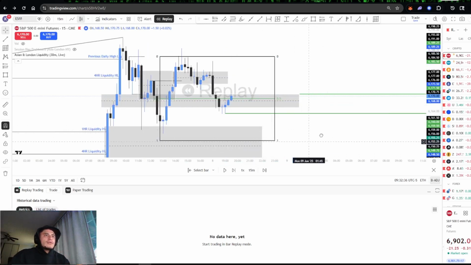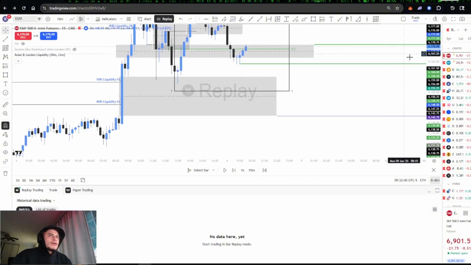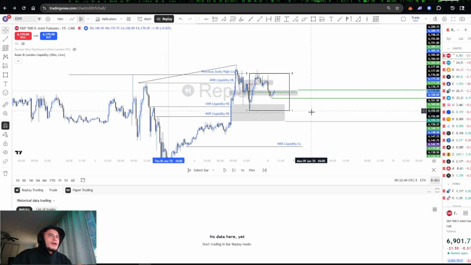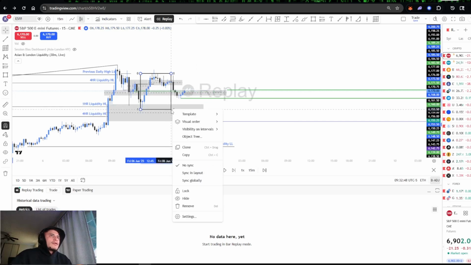It didn't seem like a pretty good area to enter, since I didn't get any impulse candles, nothing like that. I was just accumulating in that area. So I would have not entered at any of these, not gonna lie.